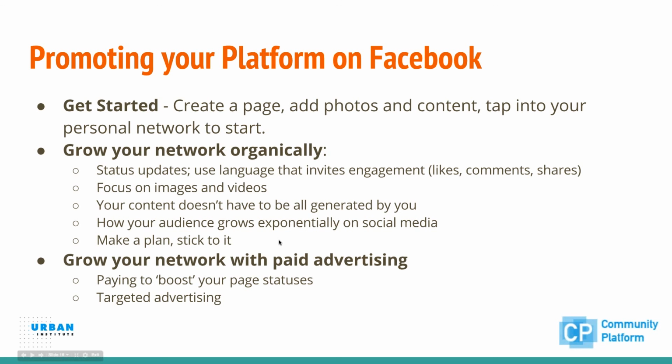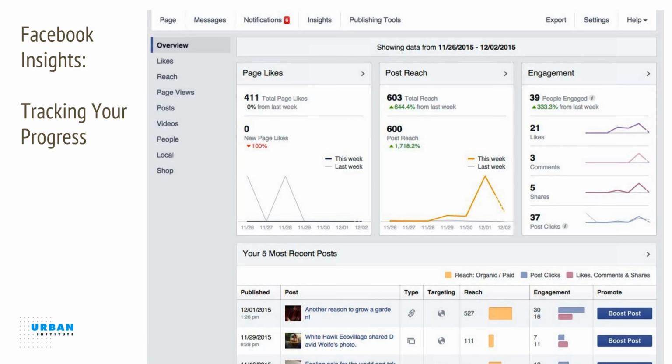So back to picking target users for your goals, if your goal is to engage more people below the age of 30, you can do some targeted advertising and specifically say that you want people to see your ad who are below the age of 30 and have interest in volunteering, for example. You would pay Facebook, and they would do the work of figuring out who to show it to. That's a big part of how they've made a lot of money, and it is very effective.